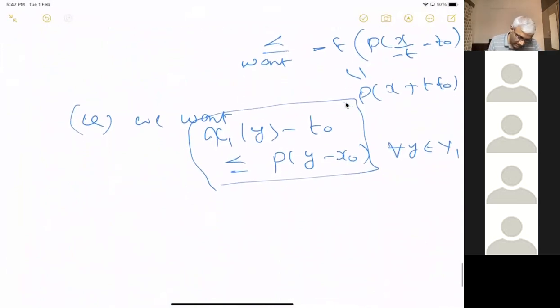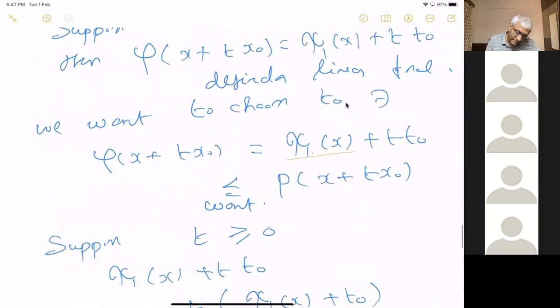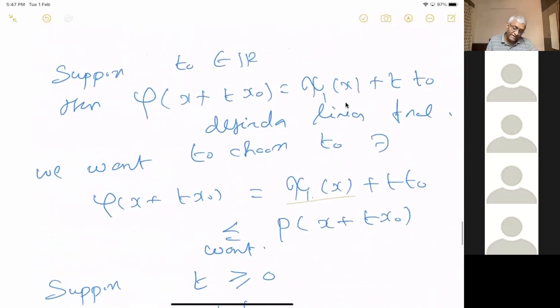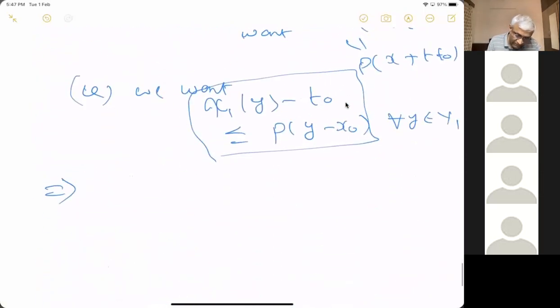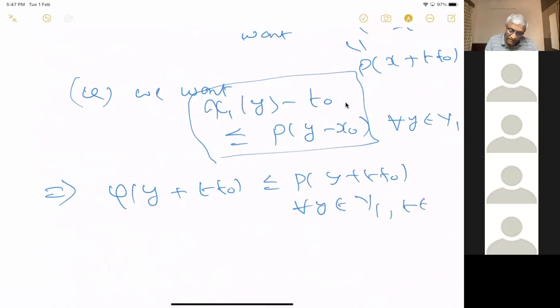So this implies, we have defined a phi. Then phi of y plus t t naught is less than or equal to p of y plus t t naught, for all y in y1 and t in R. So this contradicts the fact that chi1 is a maximal element.